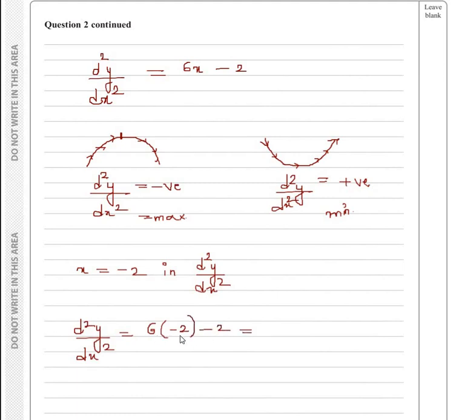This gives you minus 12 minus 2, which is minus 14. So if we get d square y by dx square as negative, we know that it is a maximum point. Therefore, x equal to negative 2 is a maximum point. This is the nature of the stationary point.